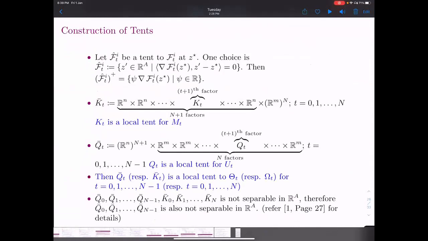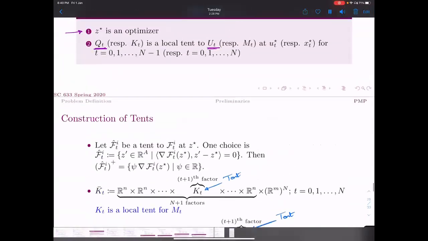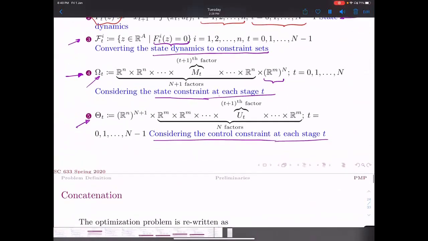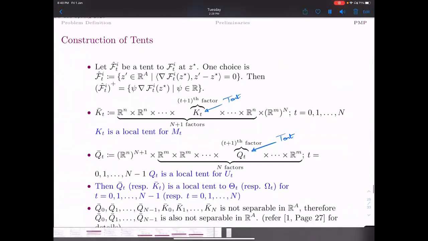And the other multiples of Rn and Rm raised to n are the copies of all the other variables, equivalent tents at that. And then when you take this entire string again, as you took, the omega t gets converted to a new notation, Kt bar and Qt bar, right?